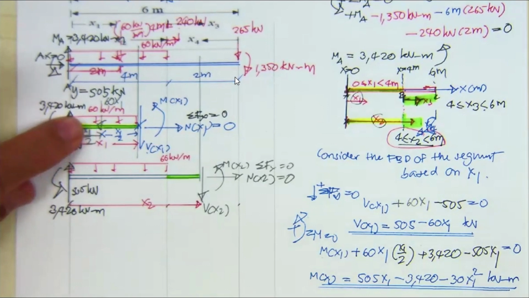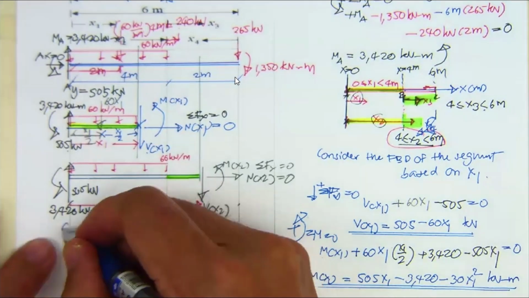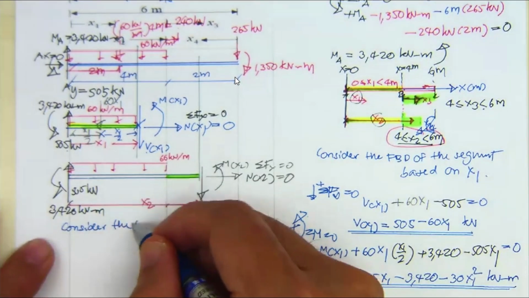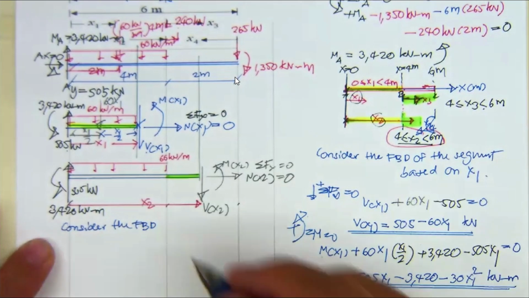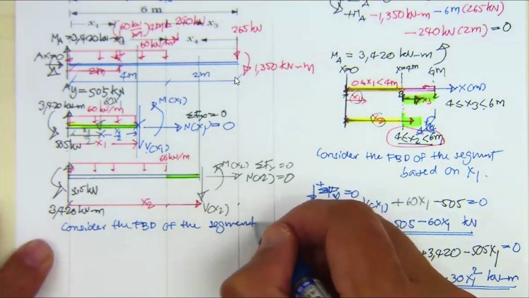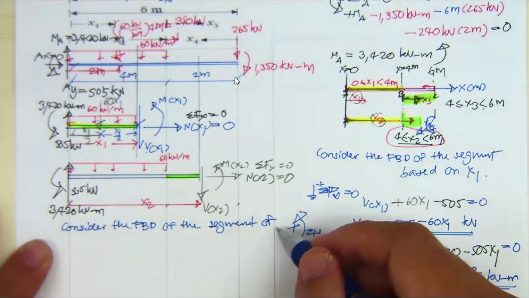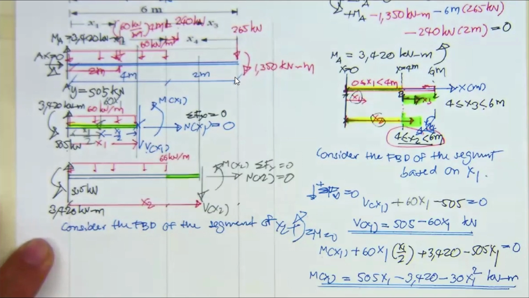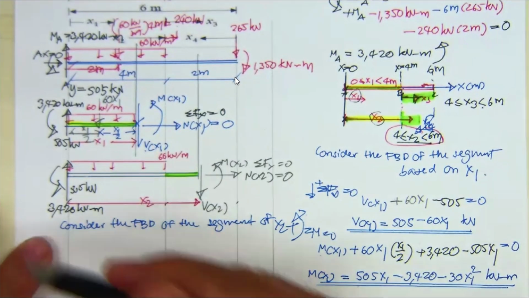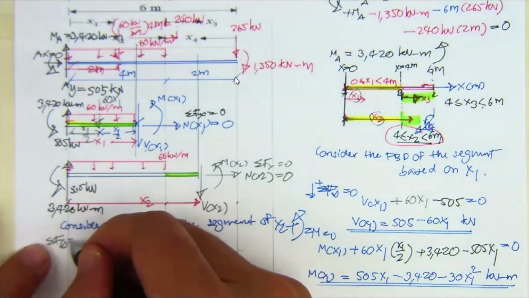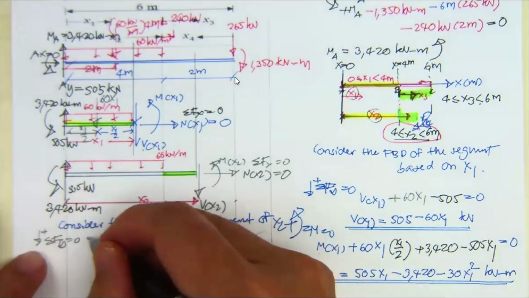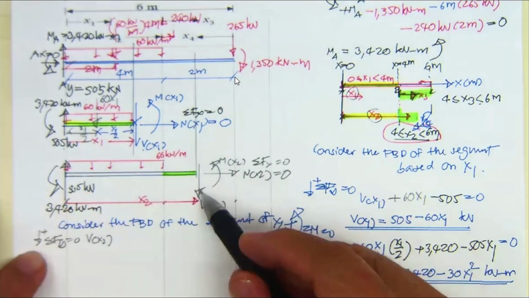And then we consider again the free body diagram of the segment. This is going to be of x2. Okay, this is going to be based on this one. Then do the same thing. Summation of F sub y equal to 0, downward positive, V sub x2 downward.